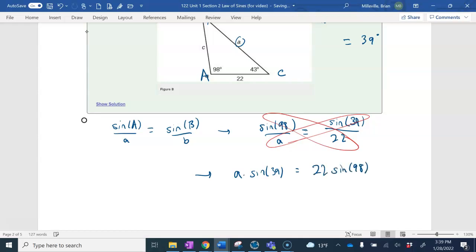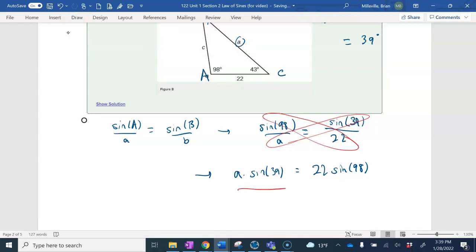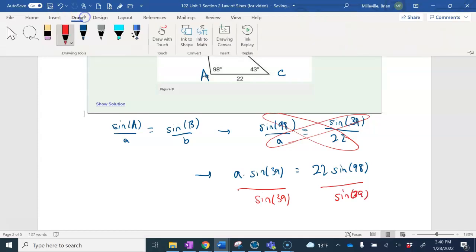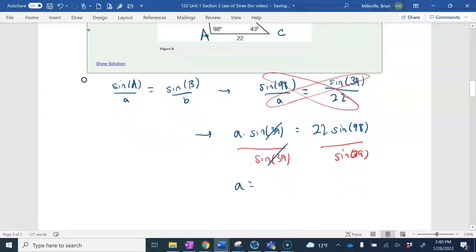Now from here, we can just simply divide both sides by sine of 39 to isolate A on the left-hand side. And now we've got that A is equal to 22 times sine of 98 divided by sine of 39.